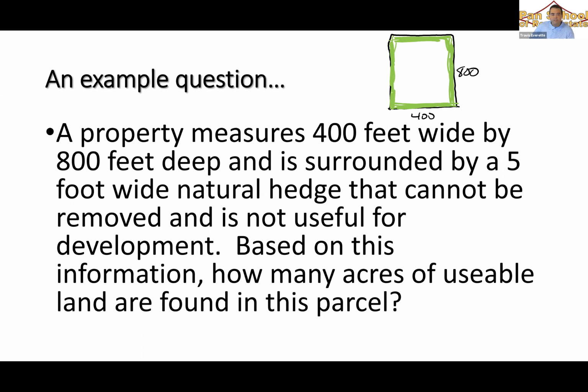This would also be the same if they said there was a 5-foot setback on the property. In other words, there's 5 feet of the property on all 4 sides that can't be used. Can't be built upon, can't be developed. So it's 390 by 790.